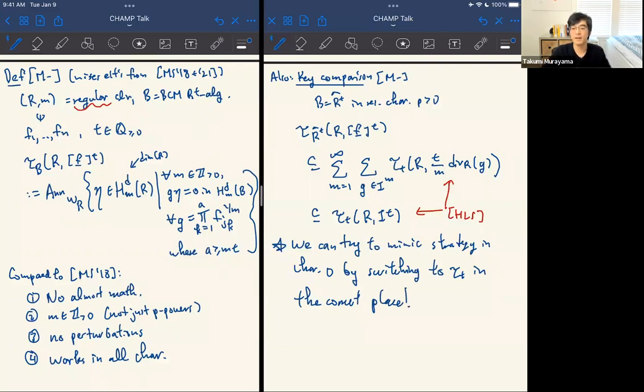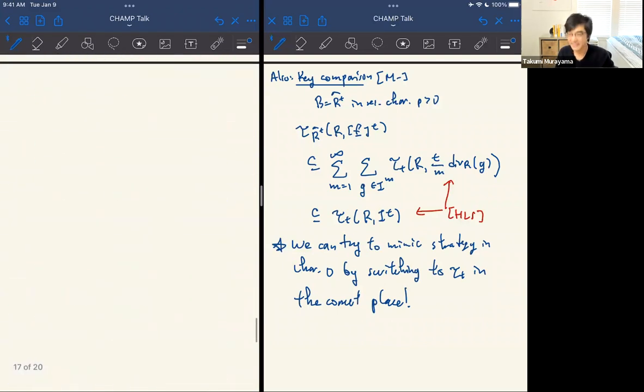I have two more slides, but my time is almost up. Is it okay if I go over a few minutes? All right. The same strategy as before works with the multiplier ideals, except for step 4, so I'm going to focus on step 4 for the rest of the talk.